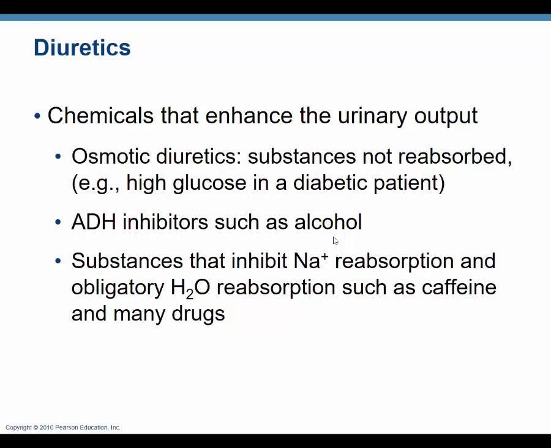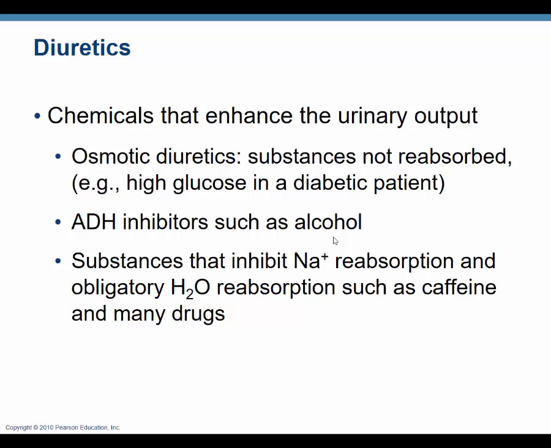So if a person has diabetes because of insufficient insulin secretion from the pancreas, say type 1 diabetes, they're going to have high glucose in the blood. And that high glucose is going to be filtered into the Bowman's capsule from the glomerulus. It's going to be in the nephron, and that's going to pull water into that nephron. As a result, they're going to have a lot of urination because the excess sugar is pulling fluid into the nephron and creating a large volume of urine.